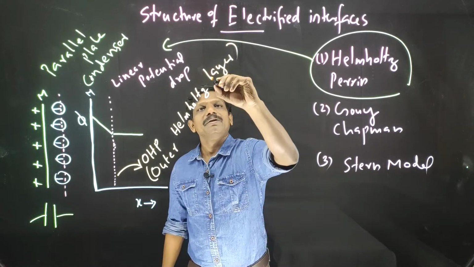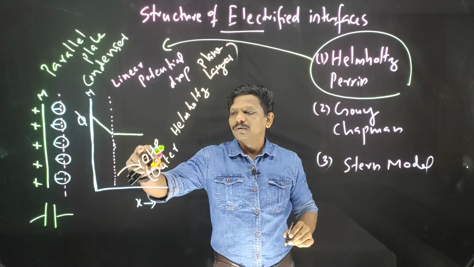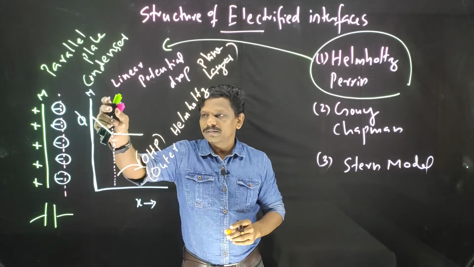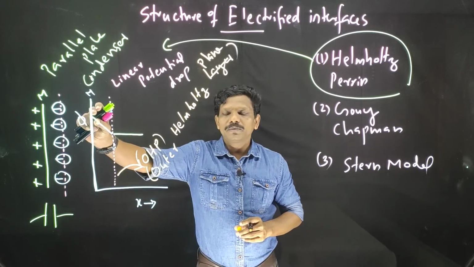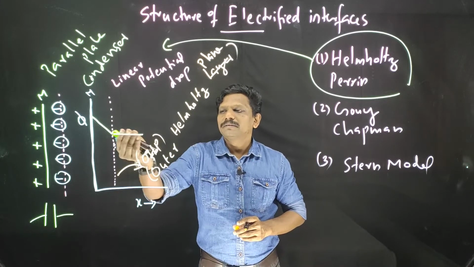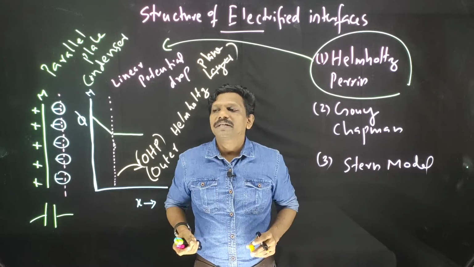Sorry, not layer, outer Helmholtz plane. That is why it is OHP. So from metal to OHP there will be a linear variation, and after that it will vary linearly. This is a very rigid model.